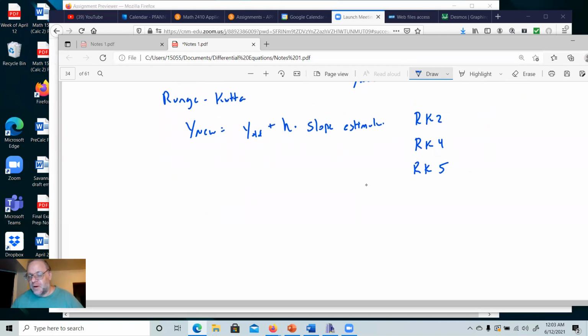Now we're not going to go through and do this by hand. There is a good reason for that, and that's because in MATLAB there is such a thing called ODE45. ODE45 averages the slopes you get from doing RK4 and RK5. And it's done that way because it's a really good way of minimizing the error.